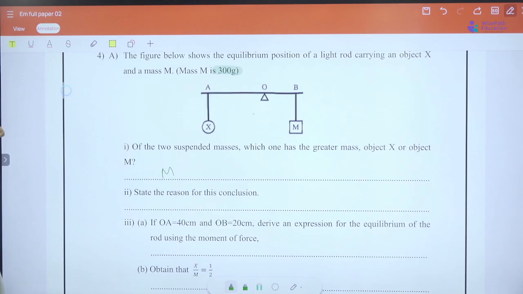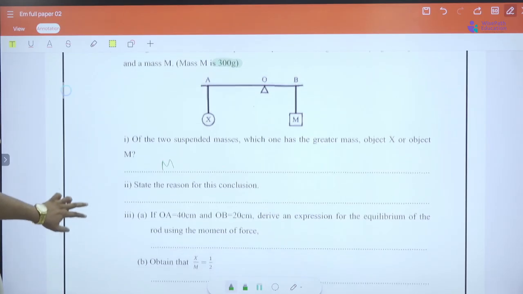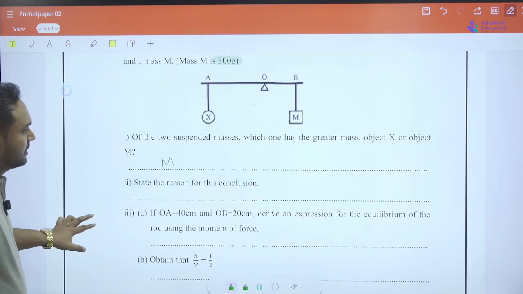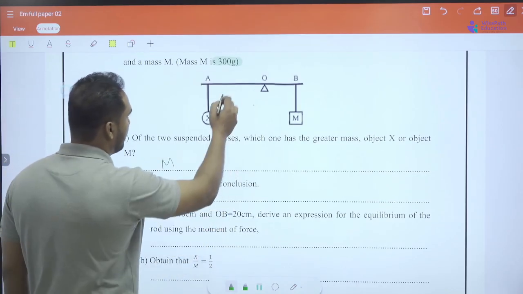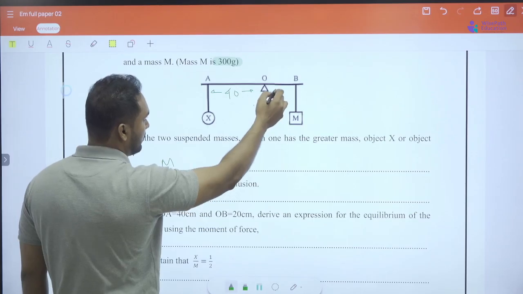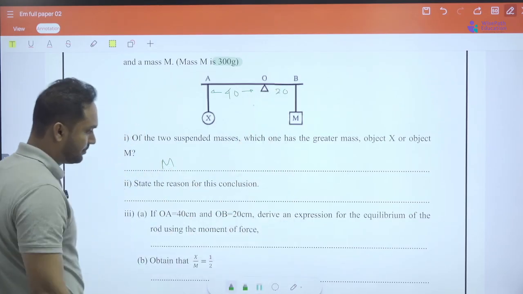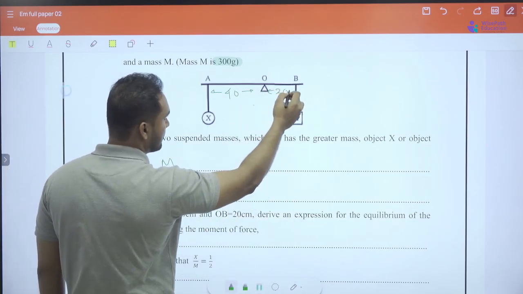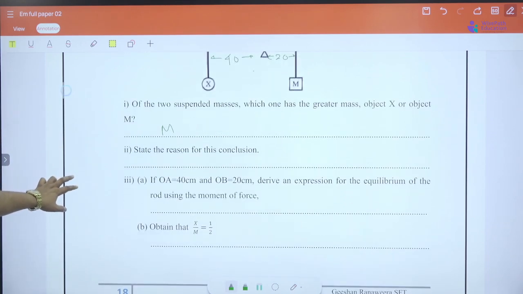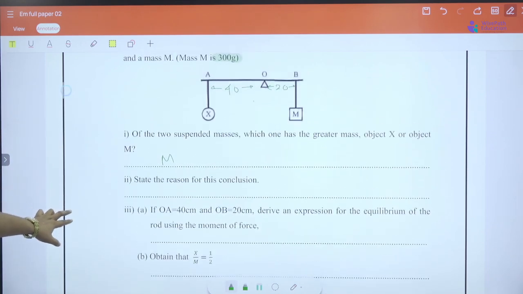The mass with the shorter distance has to have the greater mass to balance the torque. If OA equals 40 centimeters and OB equals 20 centimeters, derive an expression for the equilibrium of the rod using the moment of force.